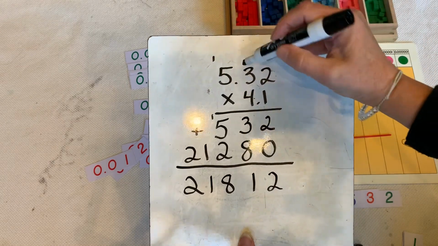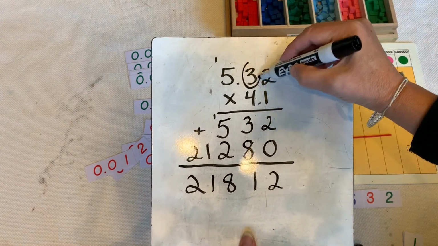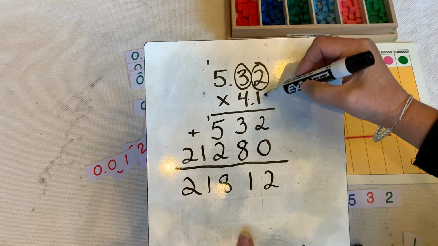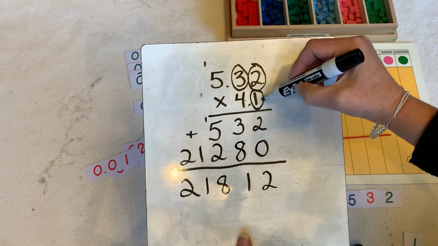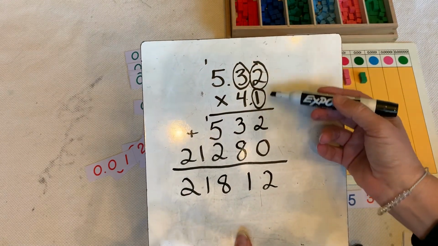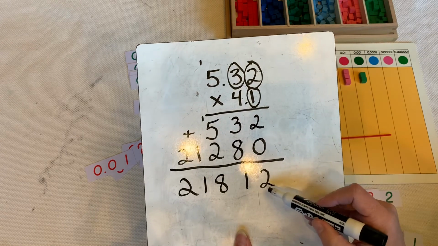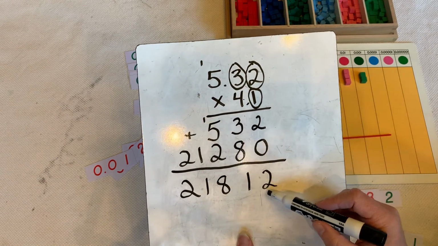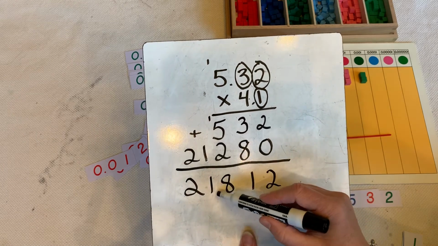So I have 1 number to the right of the decimal point, 2 numbers to the right of the decimal point, and right here I have 3 numbers to the right of the decimal point. So I have 3 numbers. I'm going to count over and put my decimal point after I count 3 numbers. 1, 2, 3. Boom.